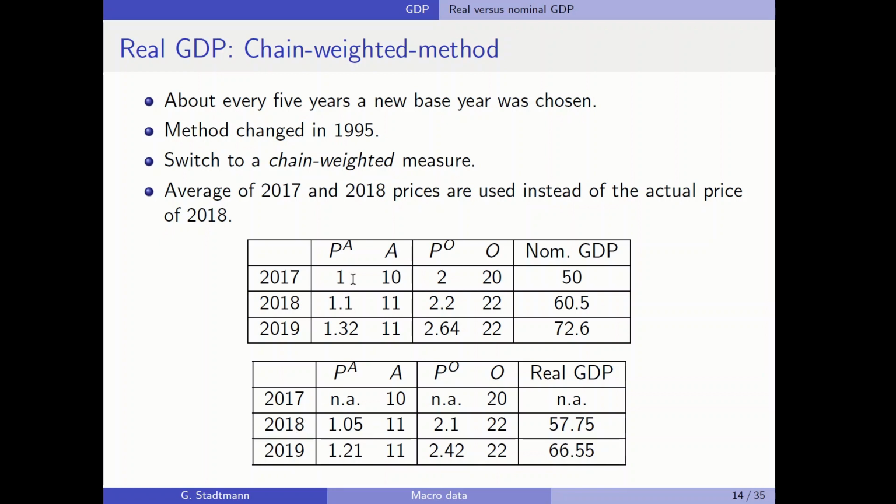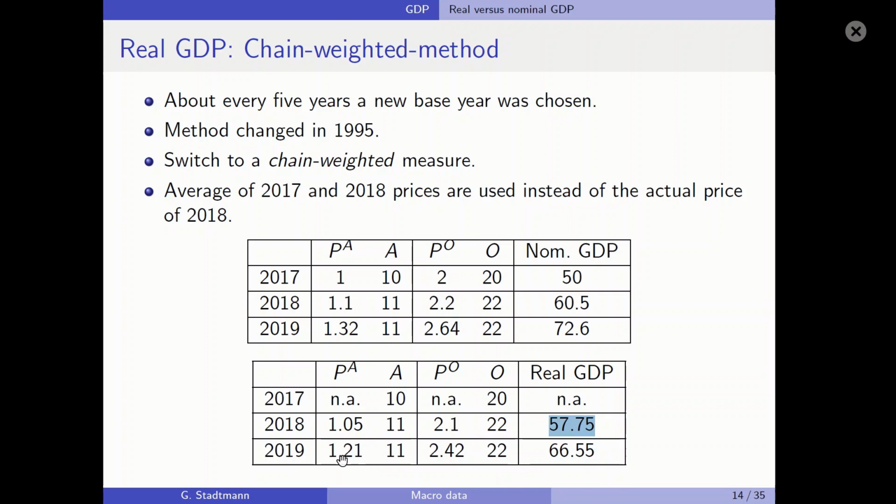We have to compute the average of 1 and 1.1. This is equal to 1.05. And also the average of 2 and 2.2, which is equal to 2.1. So we are taking the average of 2017 and 2018 prices, and we are using this average as the price in 2018. And then we just have to multiply through and add up in the end, and then we get a measure for the real GDP.